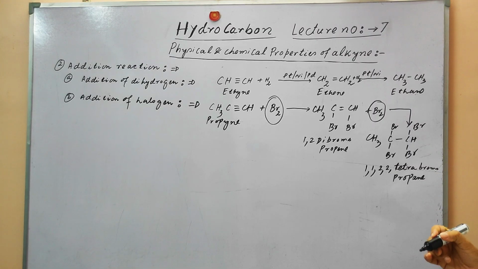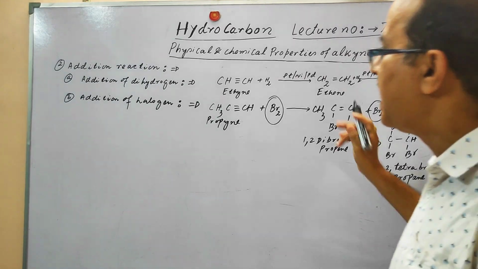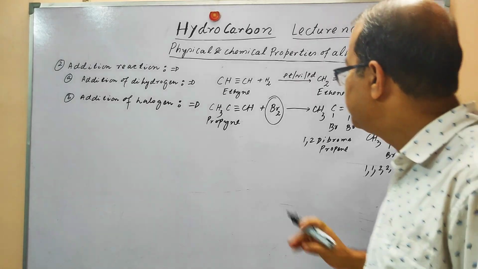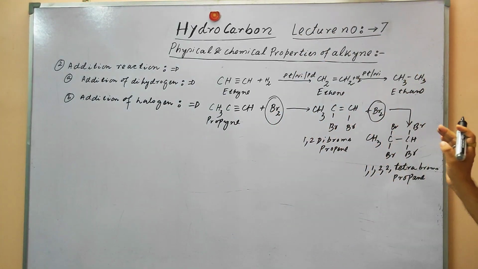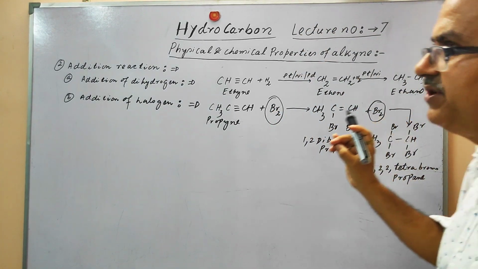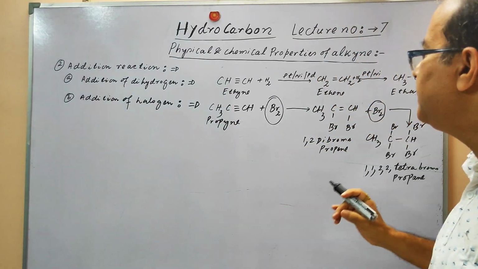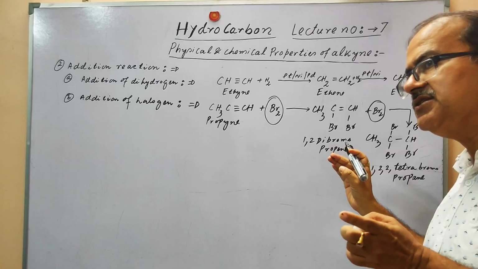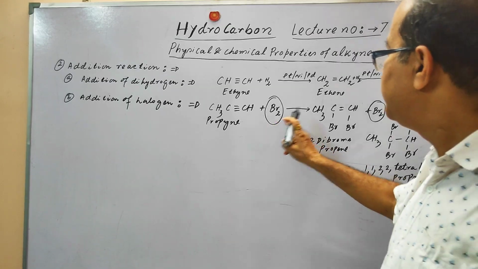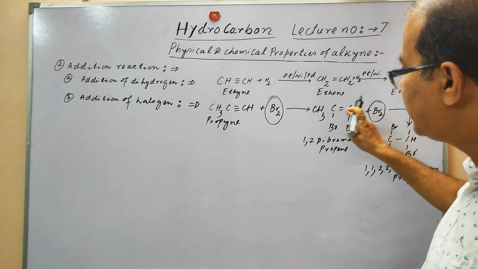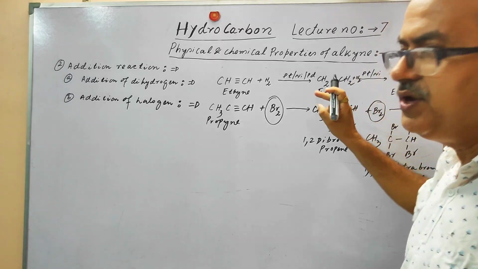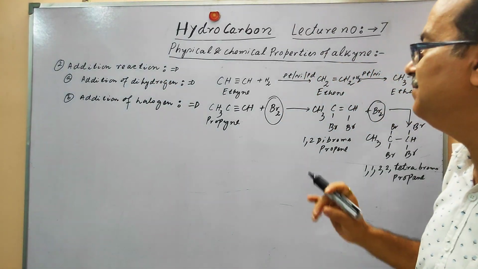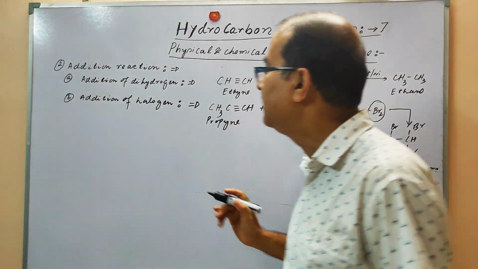Okay, so we understand the addition of halogen to propyne. Basically there is production of a carbocation, and bromine will be divided into a positive electrophile and a nucleophile. The electrophile will attack first. After that, when the carbocation is formed, at that position the nucleophile Br minus will attack.